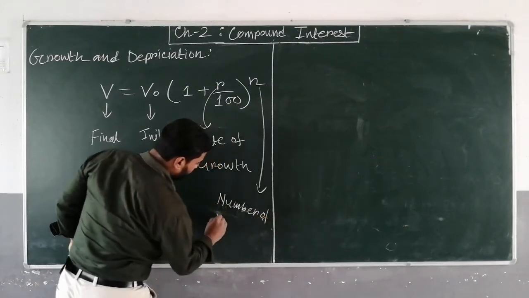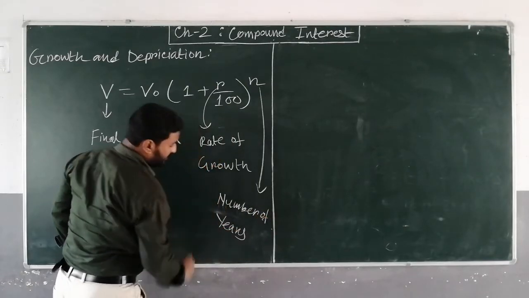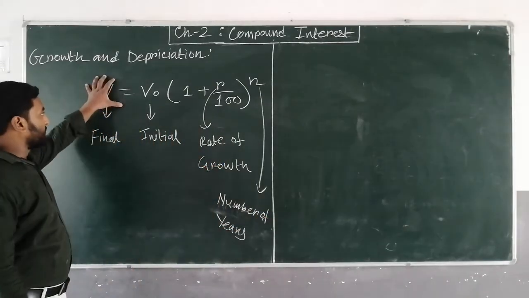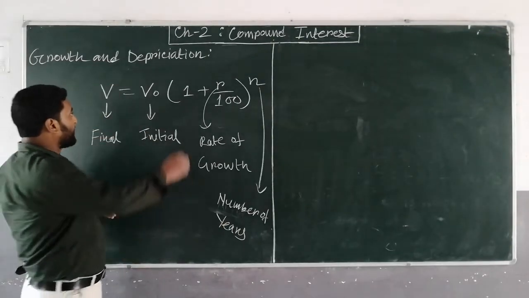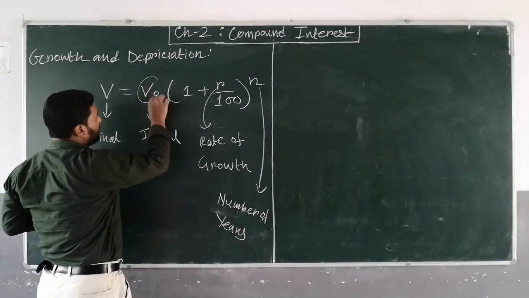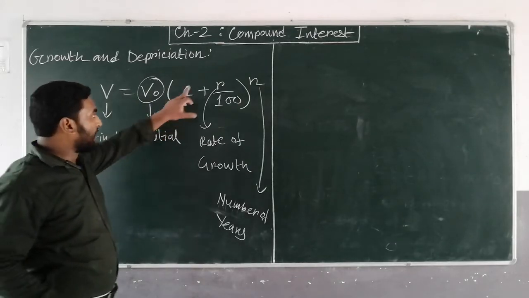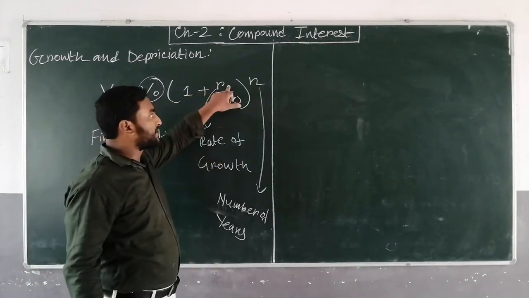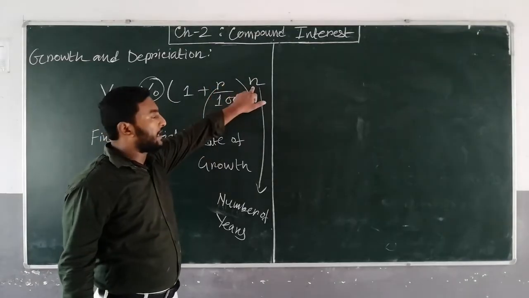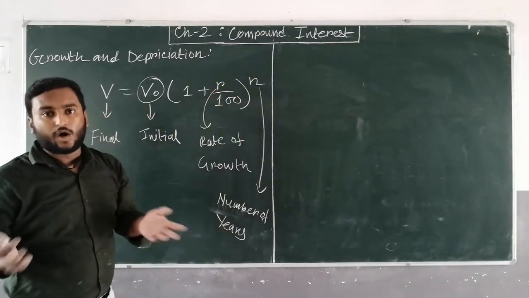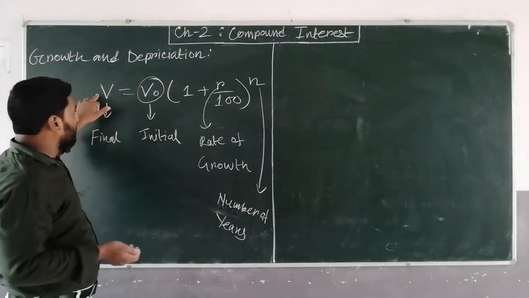Suppose it is told that the present population is V naught, the initial population, and the rate of growth is R% per annum. After n years, what will be the population, that is V.